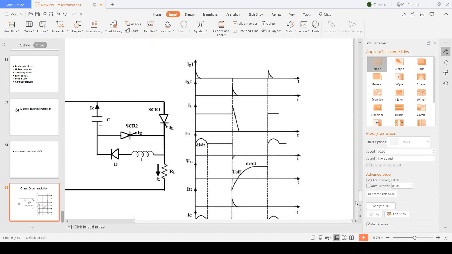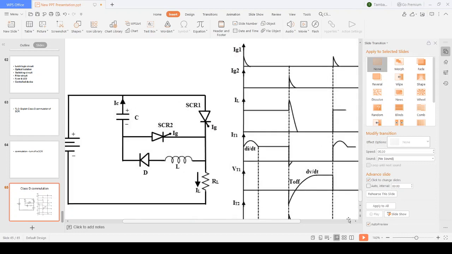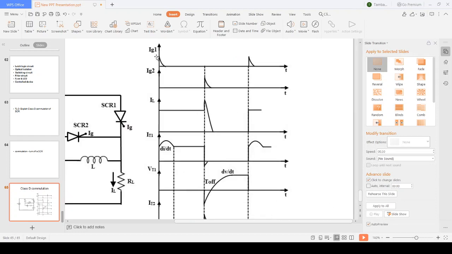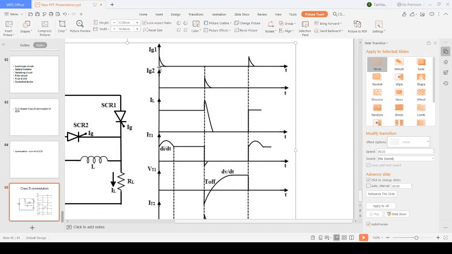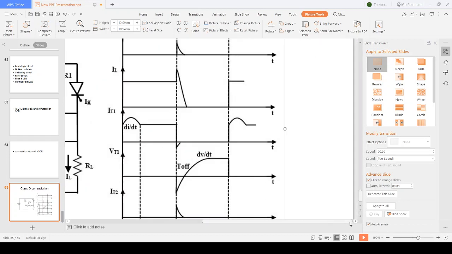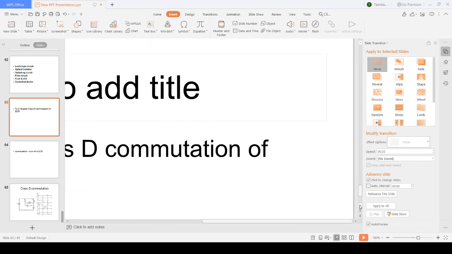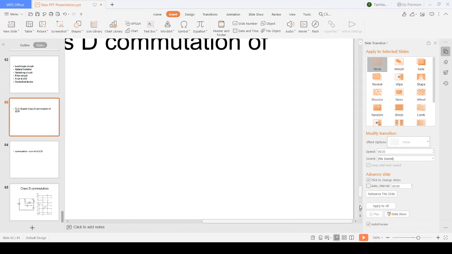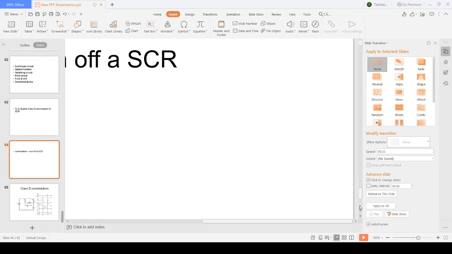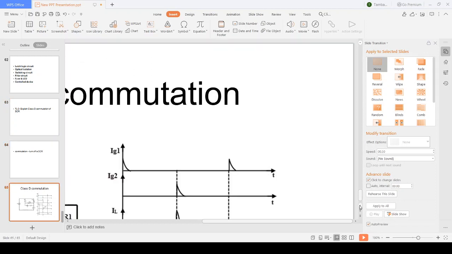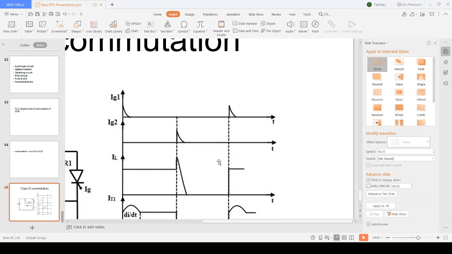Now initially, as you can observe, at this point, a gate pulse is applied.